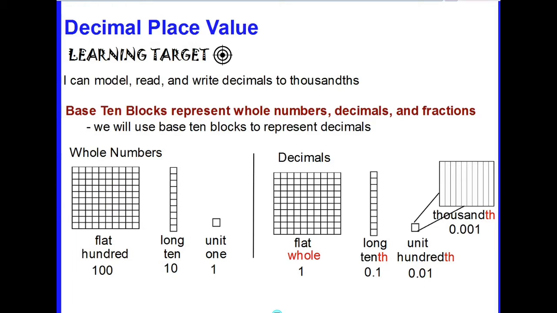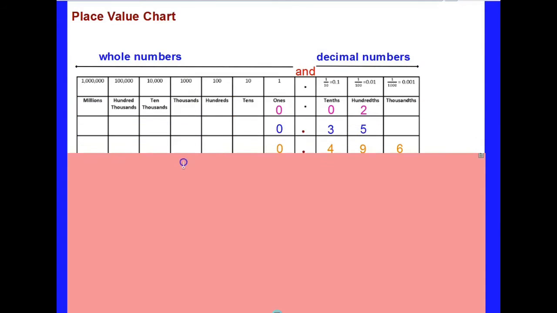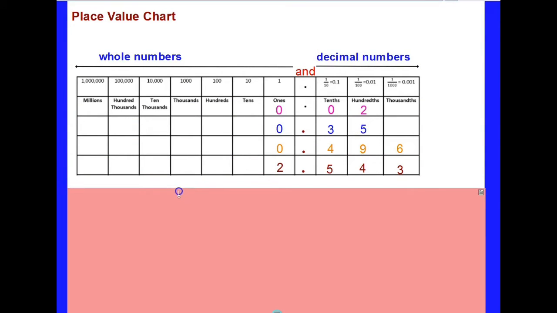Let's keep going and look at a place value chart. When we're looking at a place value chart, we're going to notice that there are two sides. The place value charts we've been working with are only showing whole numbers. This place value chart is going to show decimals and whole numbers.